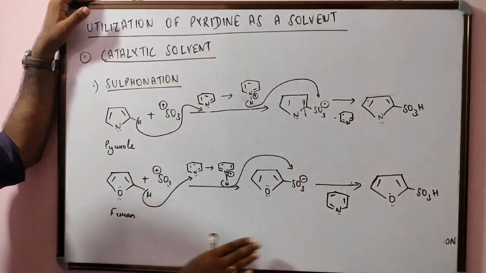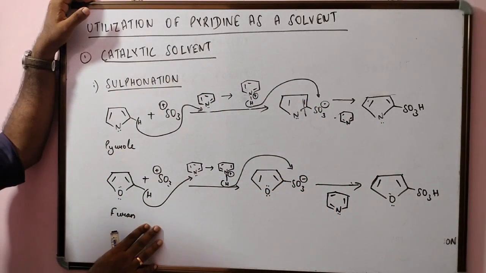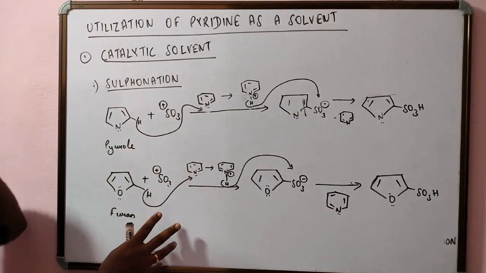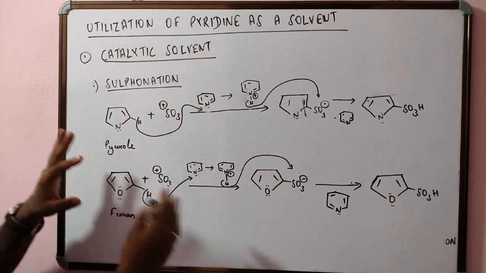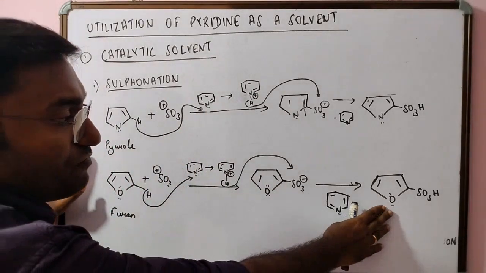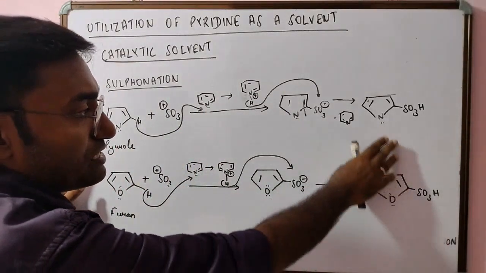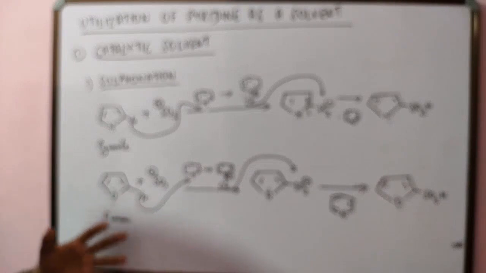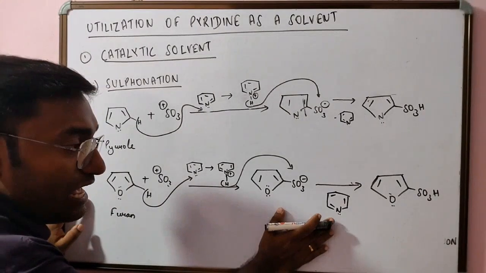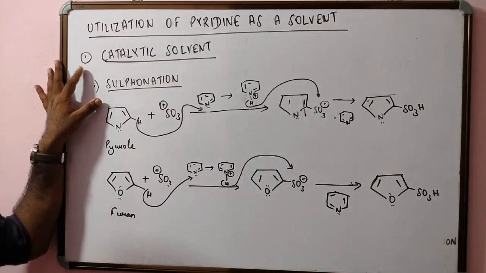The role of pyridine here is to speed up the reaction, take part in the reaction, but at the same time pyridine never forms a part of the product in this reaction. This places or positions pyridine as a catalyst.